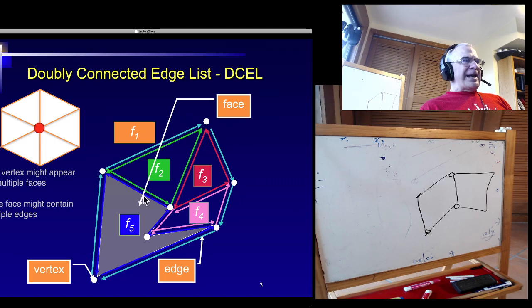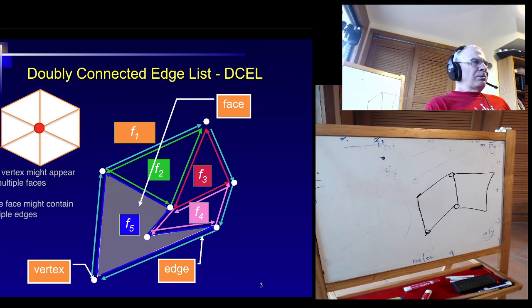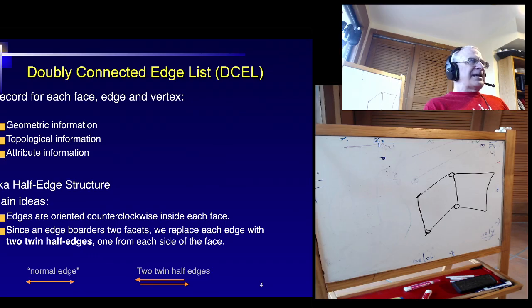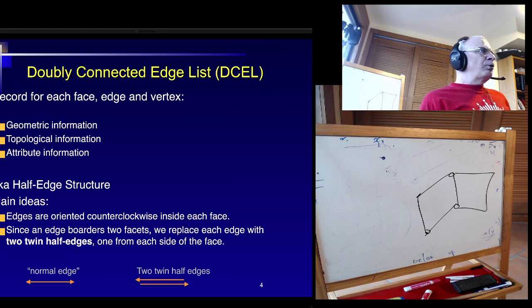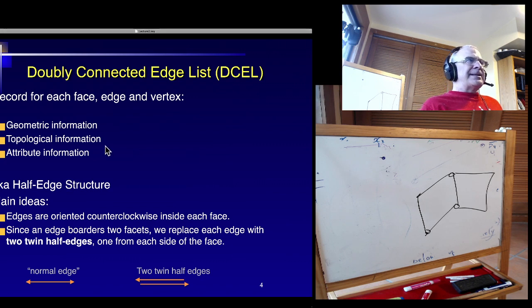note that one face might contain many edges, and one vertex might border many faces as well. So let's see how DCEL suggests to store it all in a more or less elegant way, with not too much memory and with minimum redundancy.